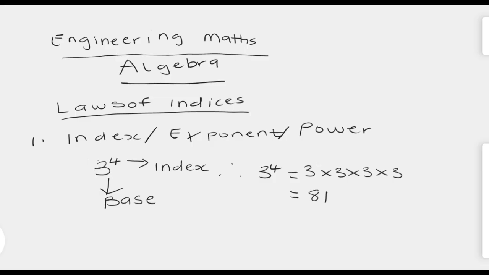So I've explained what an index is. I've also explained what a base is, right? Next, index form. This thing we wrote here, this whole thing here, this is what they call index form.